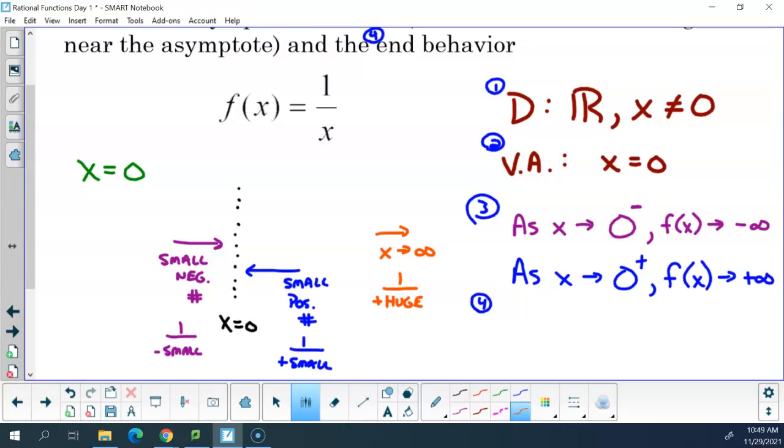What's that going to go to? My denominator is going to keep getting bigger, bigger, bigger. It's going to go to 0. Is it going to be positive or is it going to be negative? Positive, because I got 1, which is positive, divided by my huge number, which is positive.